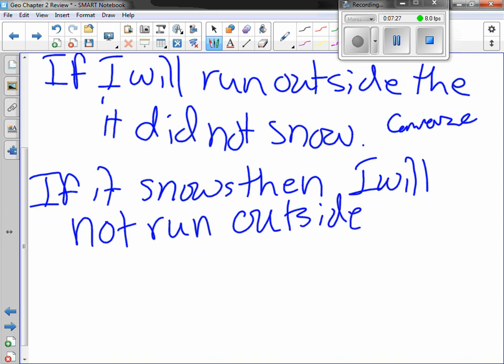Because our first statement was if it does not snow, the inverse of that is it snows. Then our original conclusion was I will run outside, so the inverse of that is I will not run outside.